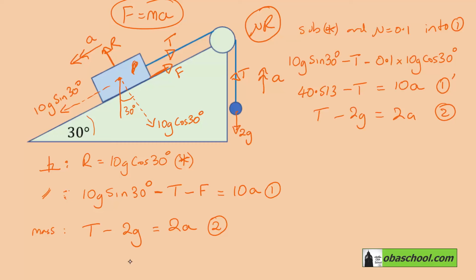So if I do 1 prime add 2, I get 40.513, take away 2g equals 12a, and therefore the acceleration is going to be 40.513 minus 2g divided by 12. And we can calculate that.